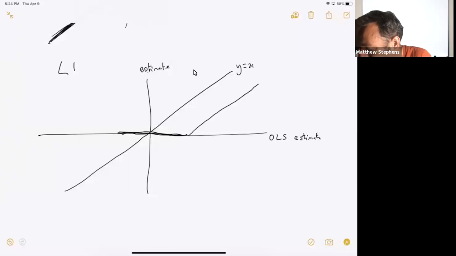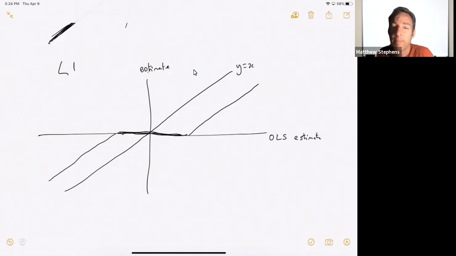So after lambda, all the estimates are smaller, closer to 0 than the original by a constant amount, lambda. And lambda, of course, was the penalty, right? So if lambda is 0, you just get the ordinary least squares estimate. If lambda is infinite, everything gets set to 0.